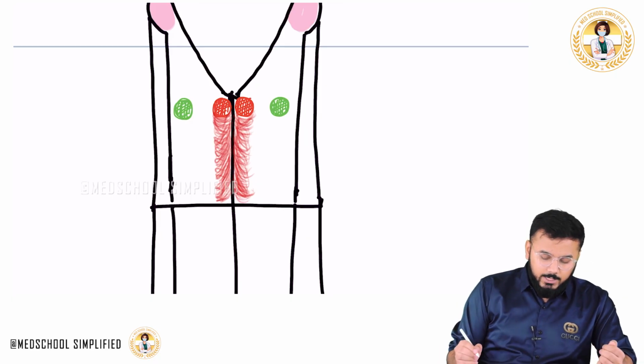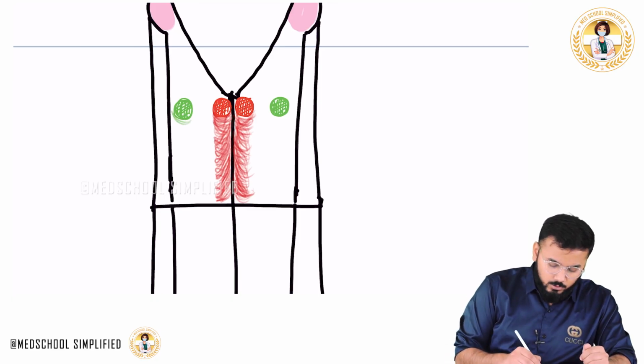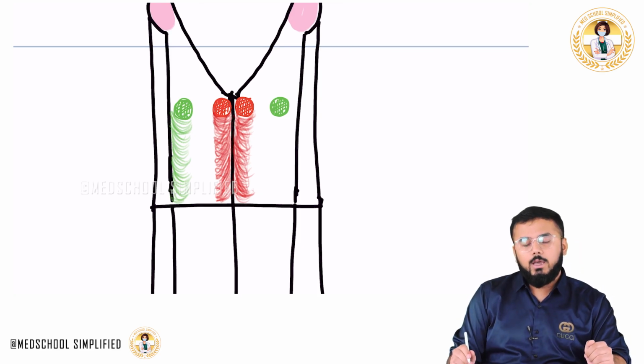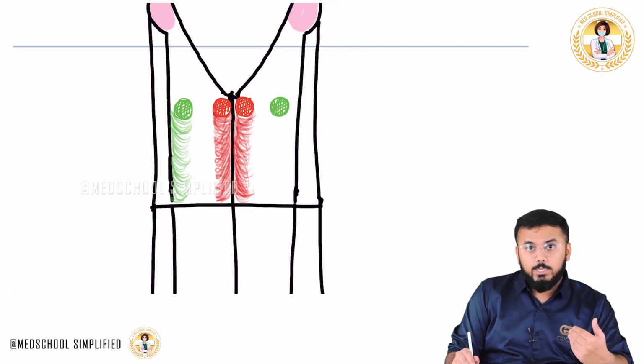Next, just beneath these cuneate tubercles also, you have got this elongated ridge, if you can see here. This elongated ridge just beneath the cuneate tubercle is called what? Fasciculus cuneatus.